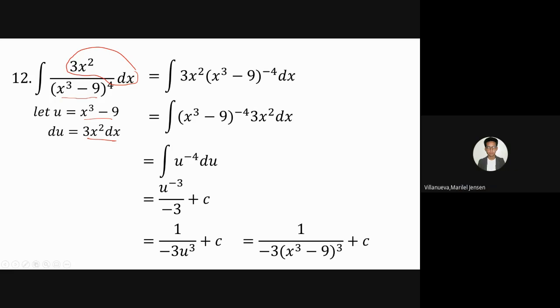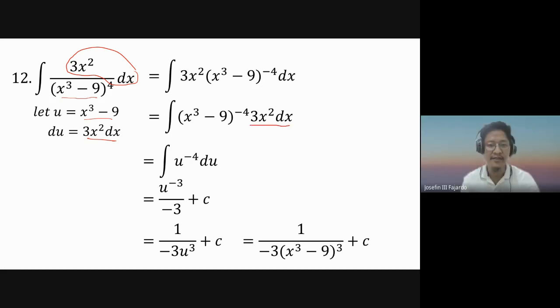Sir, may tanong po ako. Okay. Bakit po yung 3x squared dx, bakit po nawala siya sa final answer? Hindi siya nawala. Actually, diba ni-replace natin siya with du. Okay?